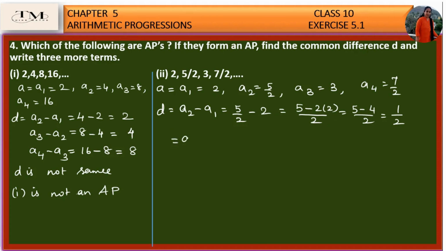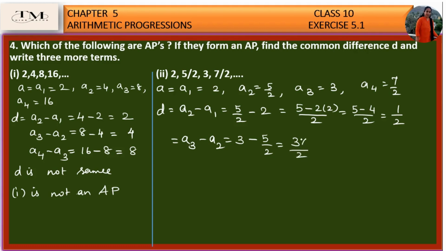Next one, A3 minus A2. What is A3? It is 3 minus A2, which is 5 by 2. Another way to do LCM is to make the denominator same for both numbers. Here we have 2, so in the first term you should have 2 in the denominator.